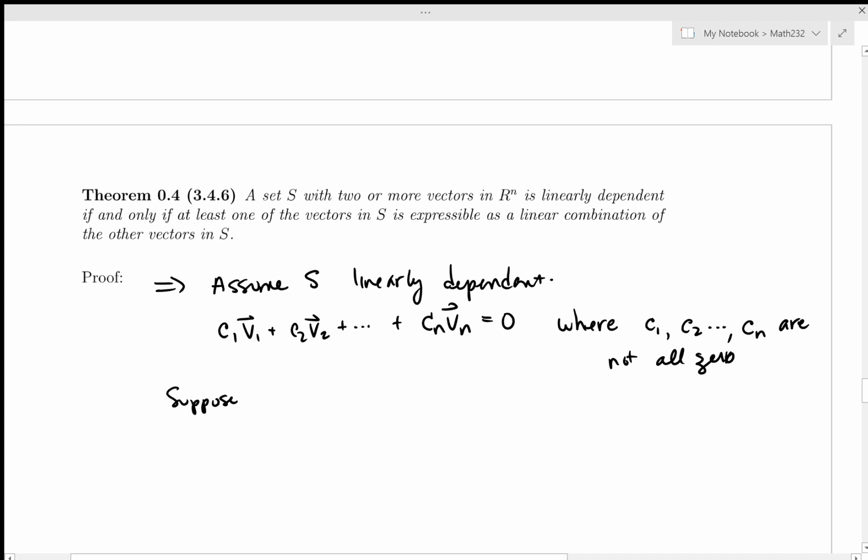So we know at least one of them is not 0. Let's just suppose it's C1. If it's not, just change it to whichever is not 0. So suppose C1 not 0. Then I can express V1 like this: negative 1 over C1 times C2 V2, etc. So your basic algebra. Okay, so there's V1 expressed as a linear combination of the other ones.